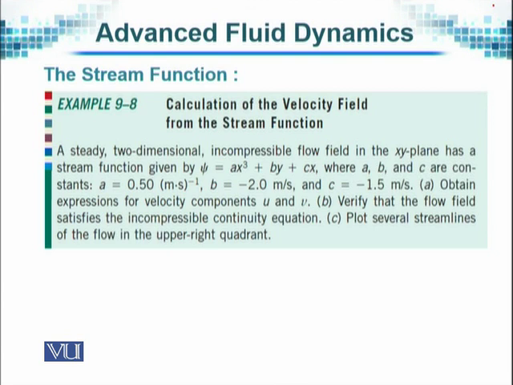And then finally, we need to plot some streamlines in the upper right quadrant, so in the positive side of the quadrant. So three things need to be done from the given function psi, and we need to check these three items as given in the question.